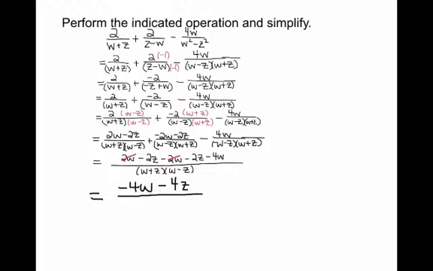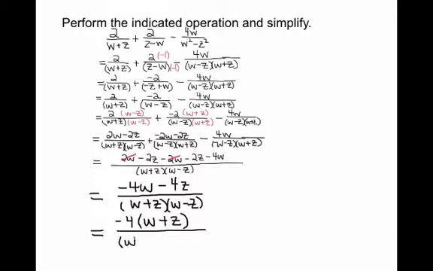And that's going to be divided by w plus z times w minus z. And in the numerator, we see that we have a common factor of negative 4, which gives us negative 4 times w plus z, and that's still divided by w plus z times w minus z.